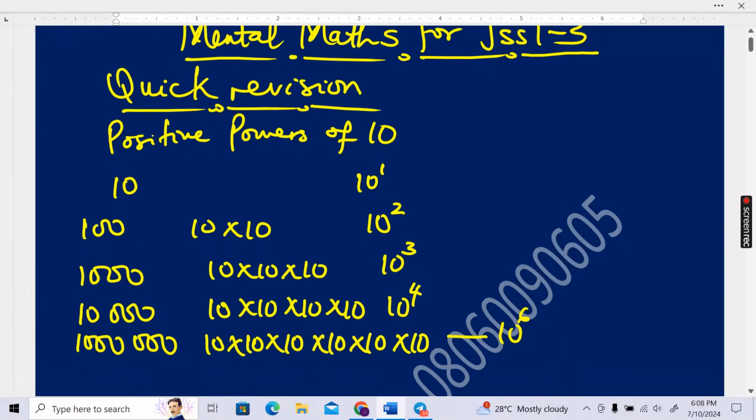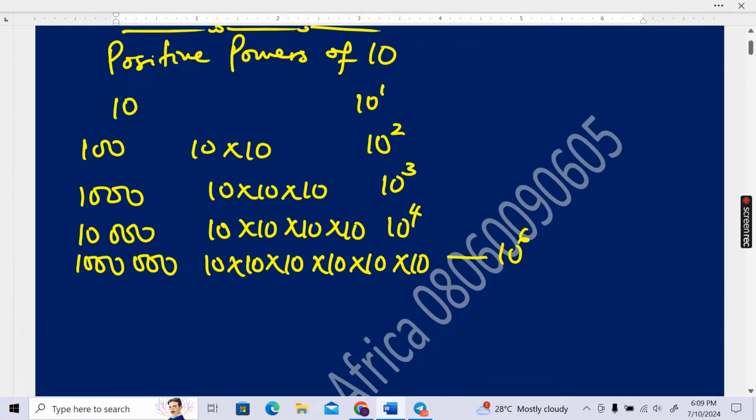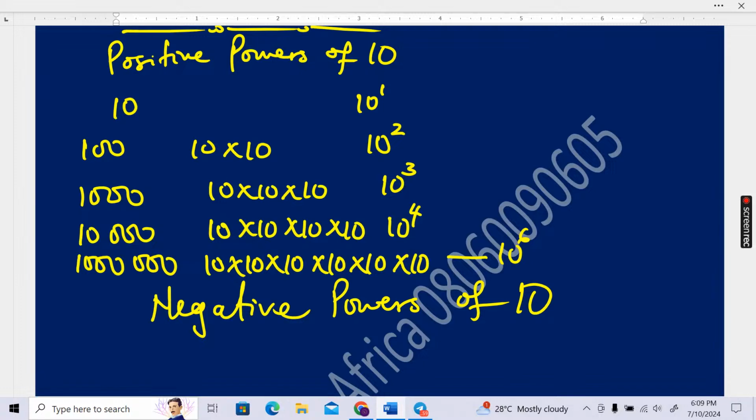Now let's quickly look at the negative powers of 10, like we learned. Now the first one is 0.1. 0.1 is the same as 1 over 10, and that is 10 raised to power minus 1.